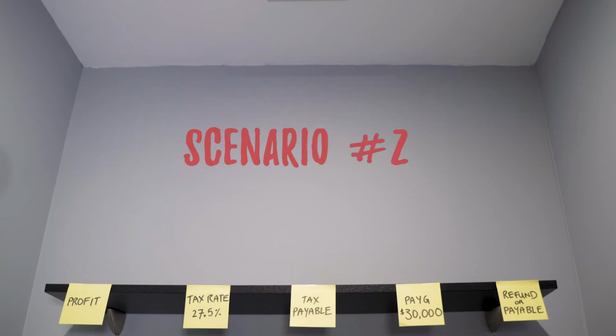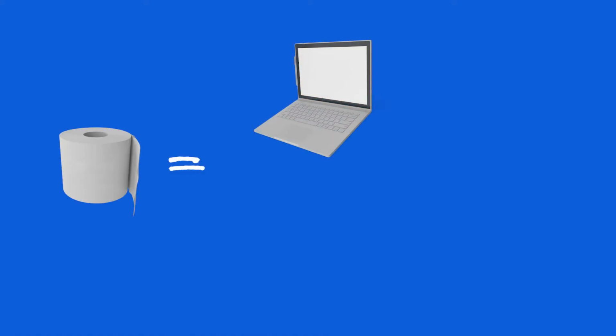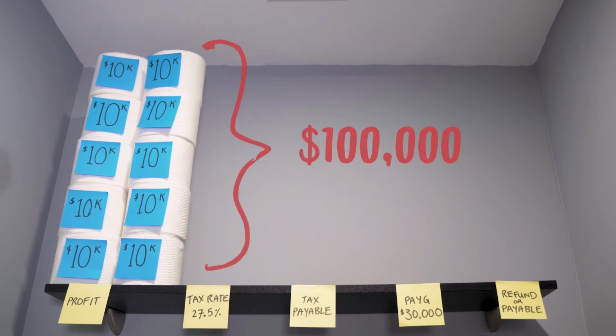So now let's bring on tax deductions. Say that you had 11 toilet rolls in the first place, but now you decided to spend 1 toilet roll on your business expenses. Then this changes your profit. So your profit now goes down to 10 toilet rolls, which is $100,000. You don't necessarily get that 1 toilet roll back. You get what your tax rate is times that toilet roll.